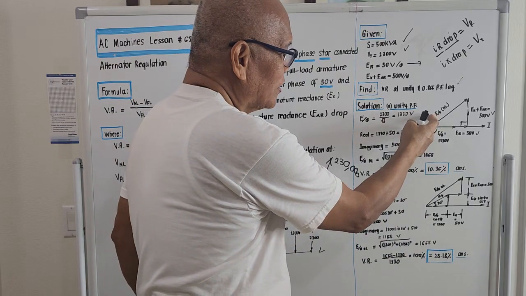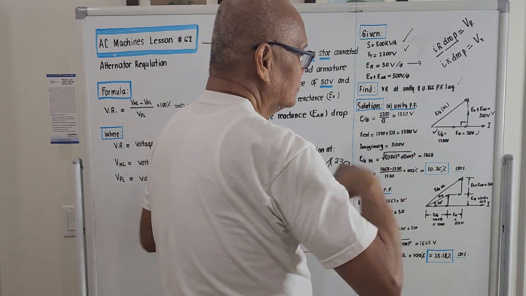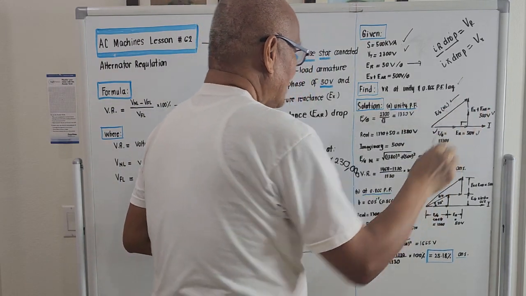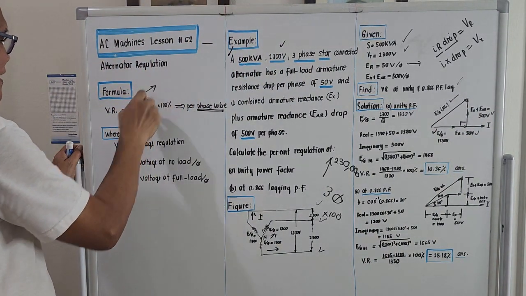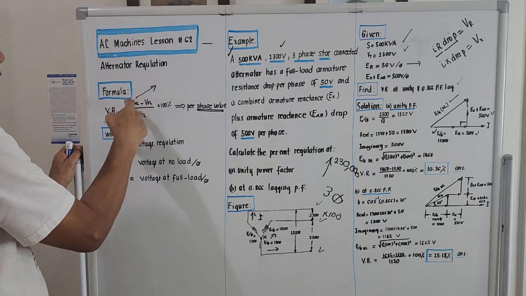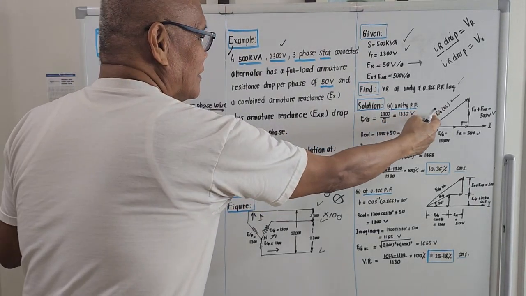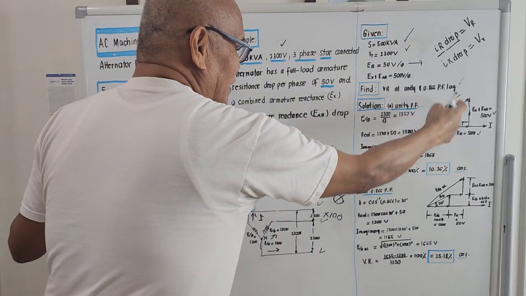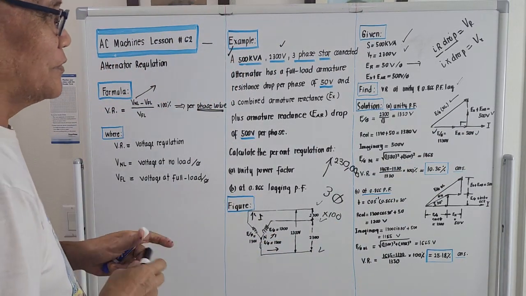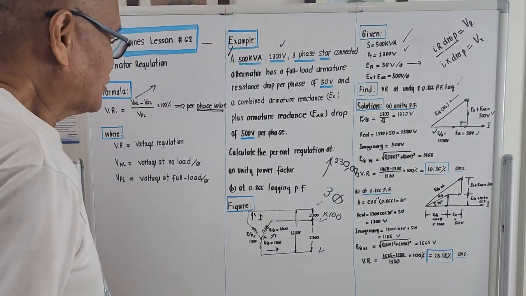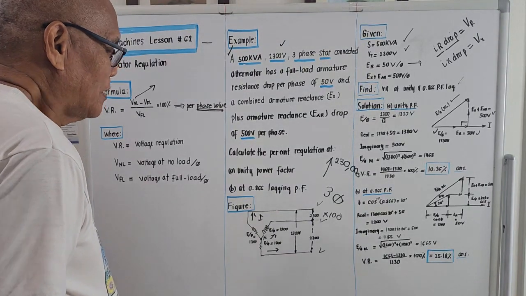This is actually the voltage per phase at no load. The one that we'll be using here. Voltage at no load is bigger than at full load because, of course, there is a voltage drop, right? Okay, let's try to compute for the voltage per phase.